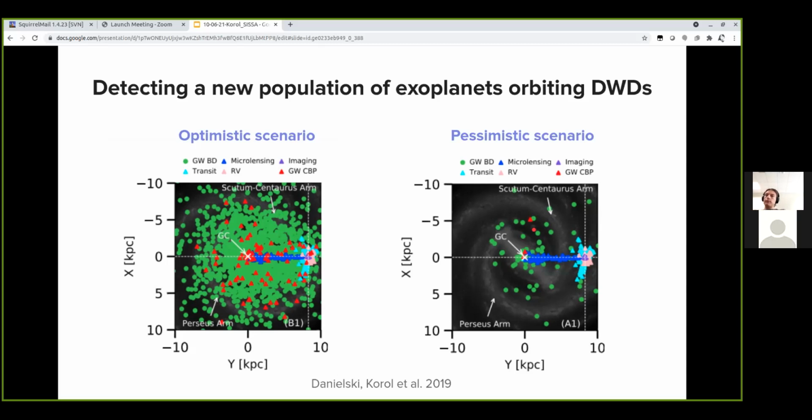But of course, it's a very fair point. We have to test how this can be affected by other effects. And in particular, you mentioned the acceleration due to the motion in the galaxy, right? And that should not affect binaries.